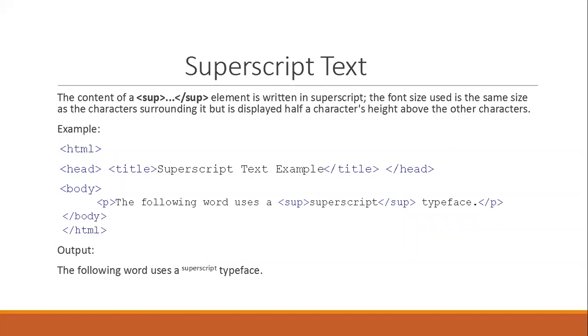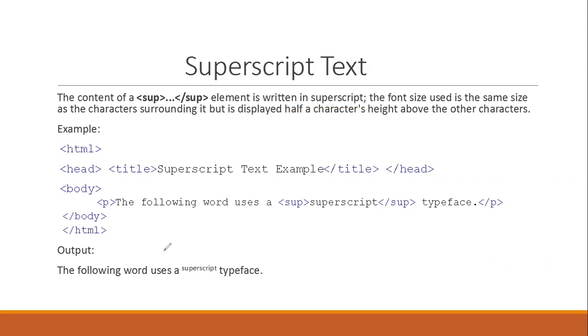Then superscript. The content of the superscript is written raised above the line. So what is the symbol of superscript? It is SUP. It has also a closing tag as well as the opening tag. It is displayed so that half of the character height is above the other characters.